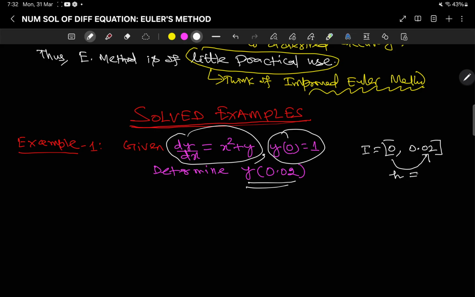Let me choose the step length as 0.01. So I need 2 steps here. You can choose anything to reach from 0 to 0.02. Also estimate the error.